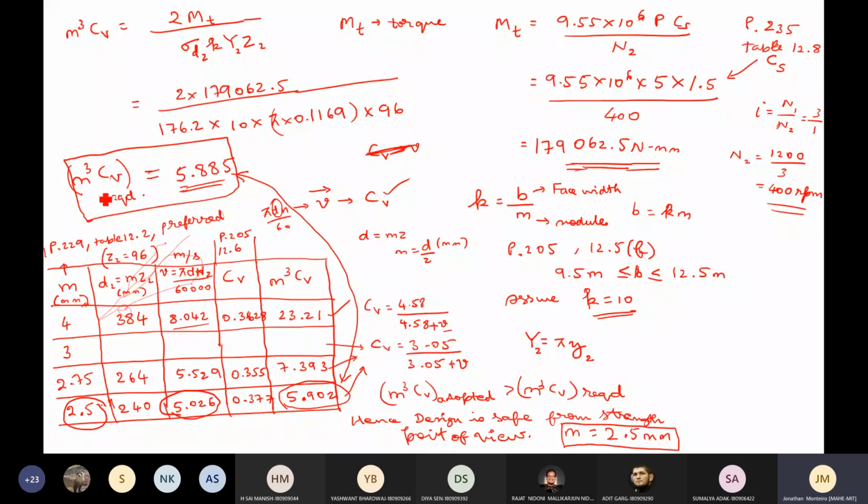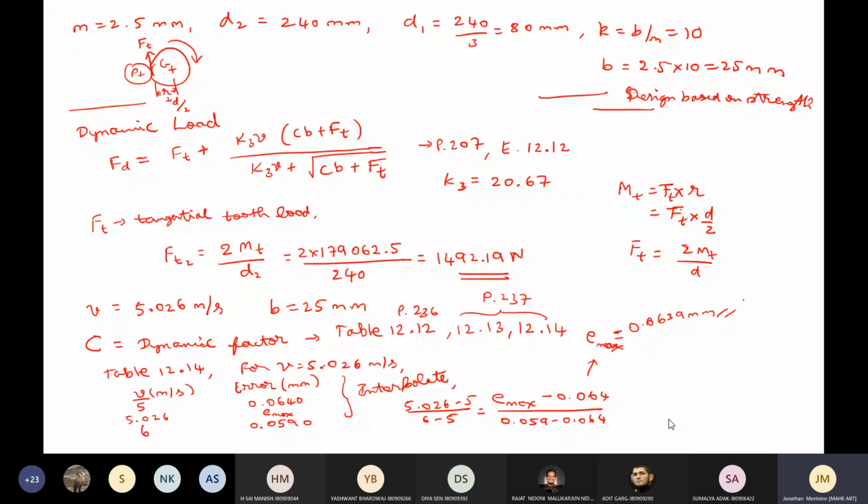In the equation m cube CV, you iterated for certain values of module, then got the D value, then calculated V, which gave rise to CV, and finally m cube CV. Using the other property of the Lewis equation, we equated and found the closest value, and we selected a module of 2.5.